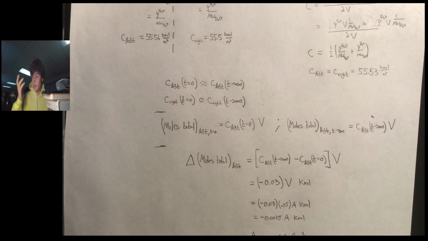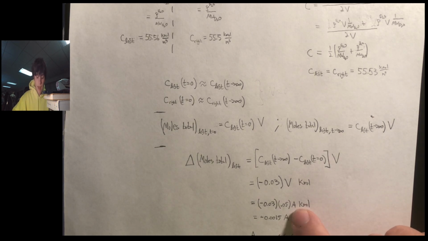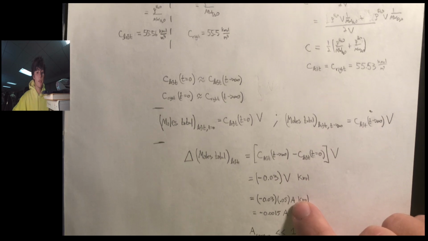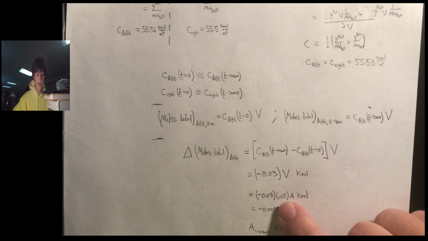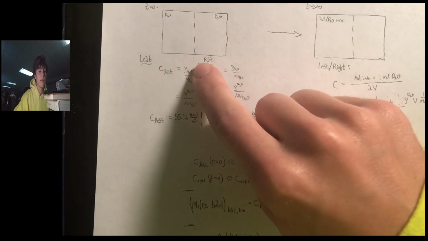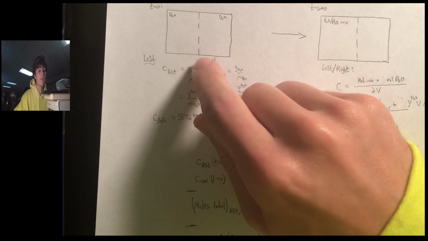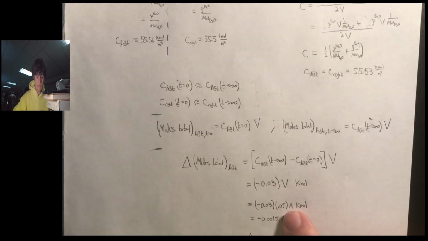Since this has constant cross-sectional area, that's just the definition of a cylinder. A cylinder is any object that has constant cross-sectional area. So the volume here is equal to just the cross-sectional area A multiplied by how far it protrudes. This is the volume on one side. How far it protrudes is just 5 centimeters, which is 0.05 meters.